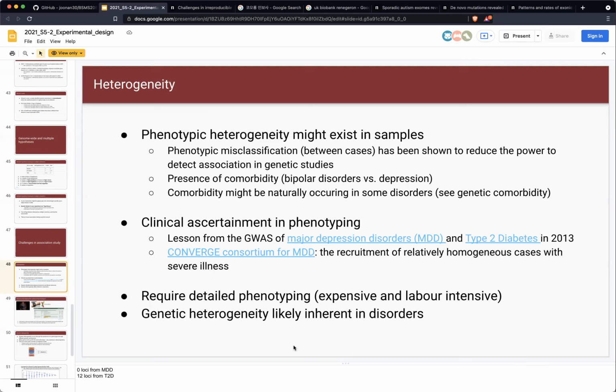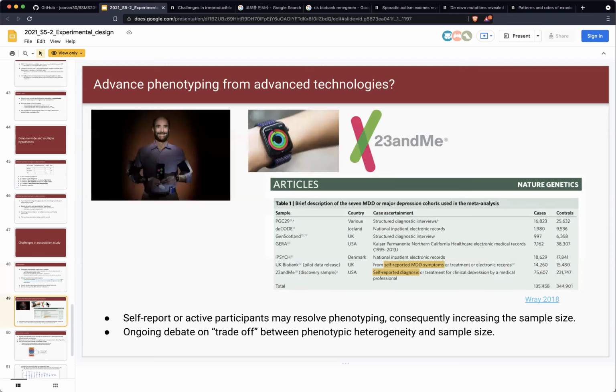So if you are keen on biomedical research, improving phenotyping is another very promising field you might want to pursue. Genetic heterogeneity also exists in disorders. What I want to tell you is that phenotyping can be advanced by technology.